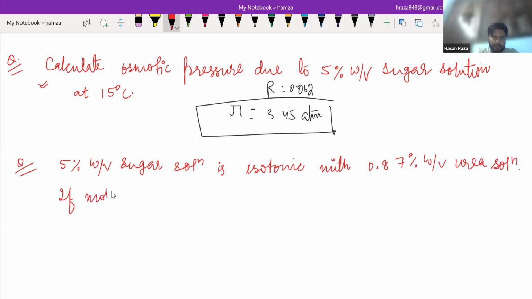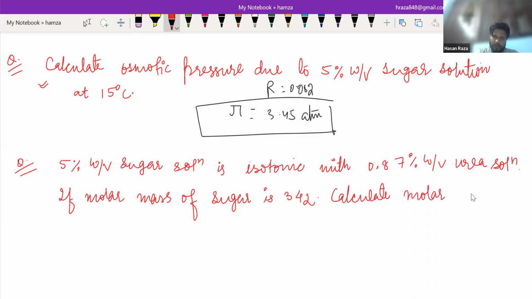If the molar mass of sugar is 342, calculate the molar mass of urea.